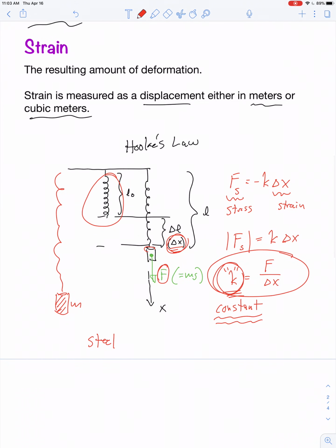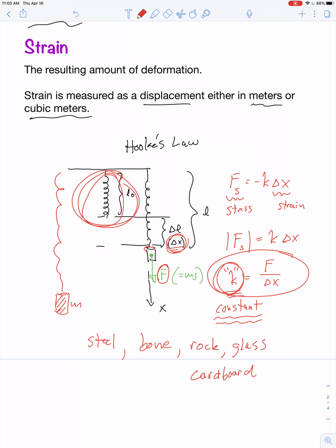What else other than steel? Well, bone, right? We talked about compressing a femur, rock, glass, cardboard. So a material doesn't have to be easily stretched or compressed like a spring in order to have elastic behavior. A spring is just a material with a very large elastic limit.